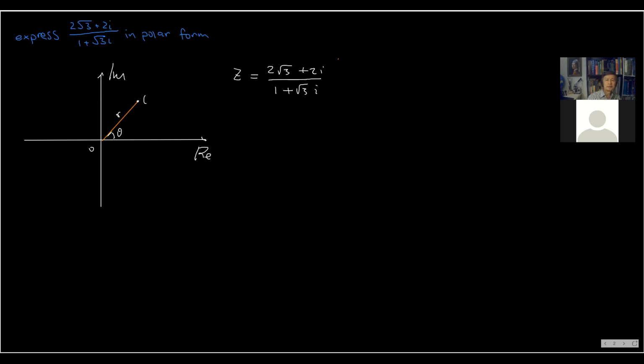It's 0. How can we do that? You multiply both of them by the conjugate. Yes, conjugate. That's the way to go.